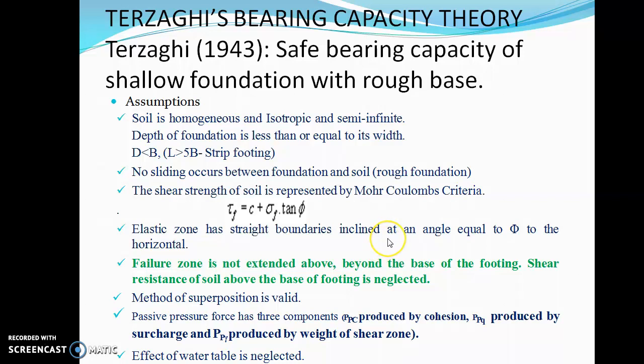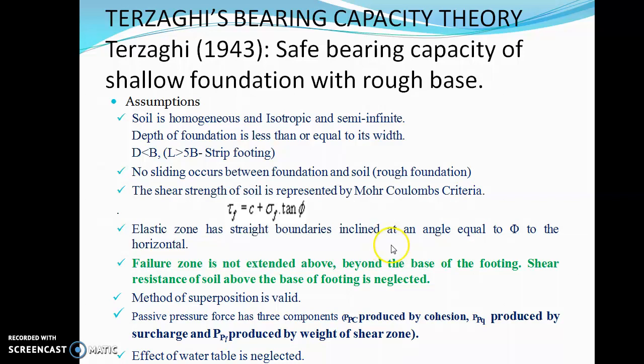Then the next assumption is passive pressure force has three components: PPC, that is the passive pressure due to cohesion, then PPQ, that is passive pressure produced by the surcharge, then PP gamma, that is passive pressure produced by weight of the shear zone.